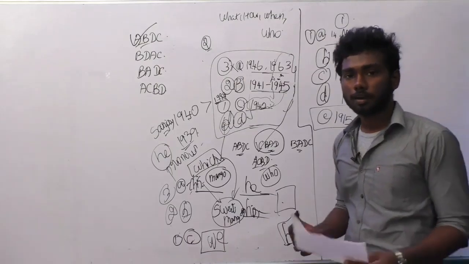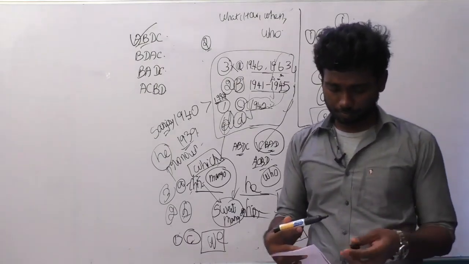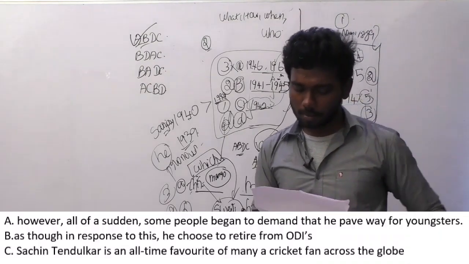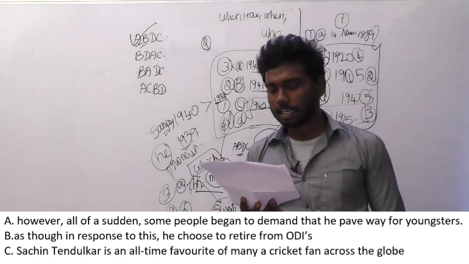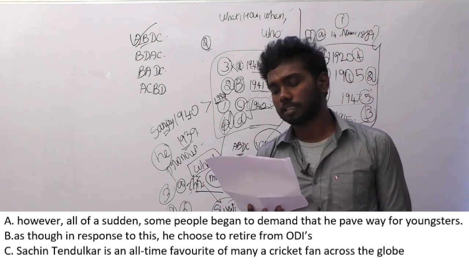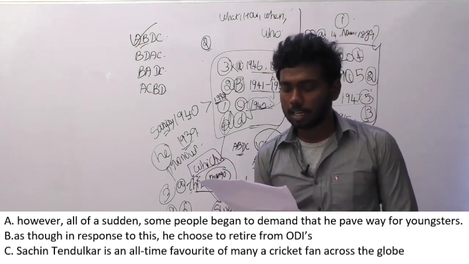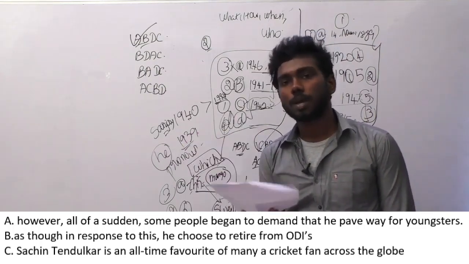Let us go to the last question of sentence correction. Sentence A: "However, all of a sudden some people began to demand that he pay way for youngsters." So here is a pronoun again. They are talking about a person who has to pay way for youngsters.